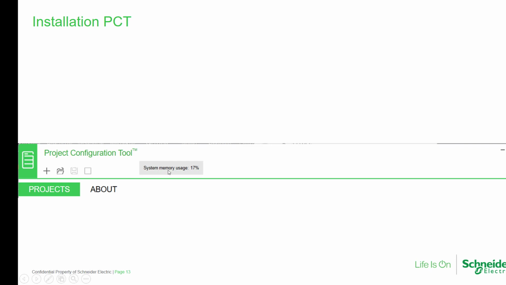If this number ever gets over 75%, then the PCT will not be able to create a project or even open a project until you shut down applications that may also be running on the server to allow for that memory to free up and make itself available for the PCT itself.